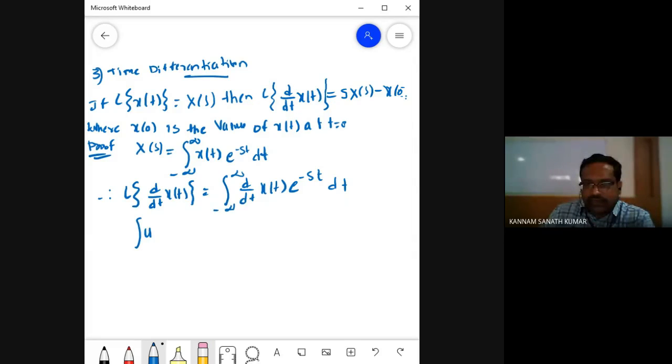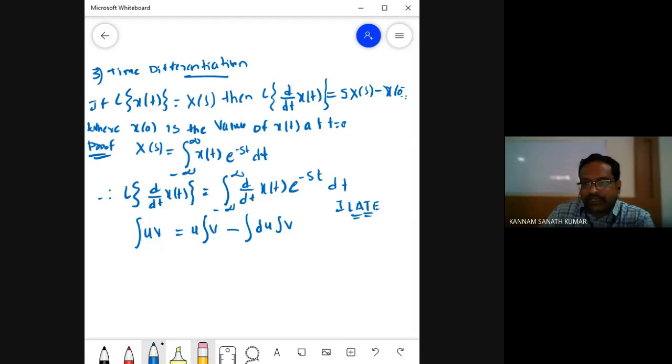As you remember, the integration of uv formula: two functions, first function into integration of second function, minus integration of the differentiation of first function into integration of second function. So it should satisfy this form, the ILATE series. For selecting the first function, we have to follow this series: inverse, logarithmic, algebraic, trigonometric and exponential.